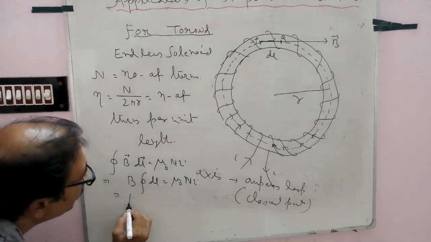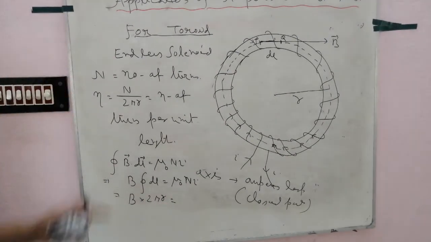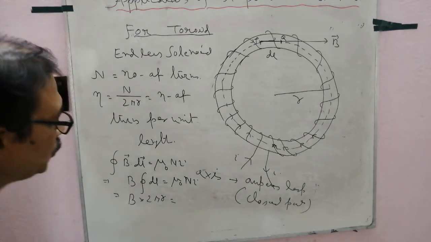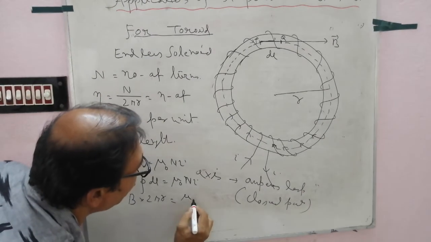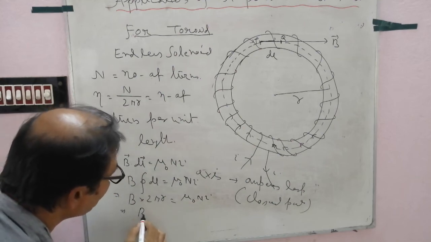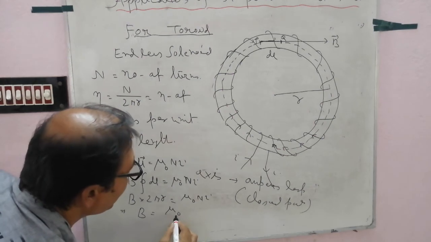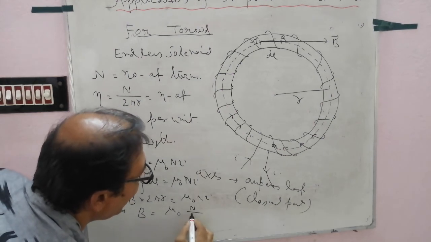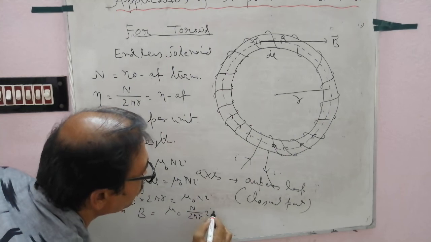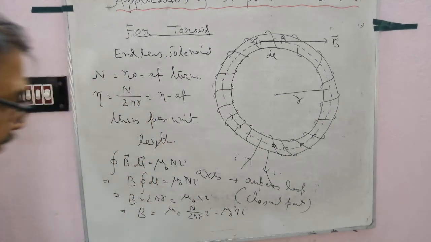So B into 2 pi r, the length of the closed Ampere path, equals mu 0 times N by 2 pi r into I, that is mu 0 nI.